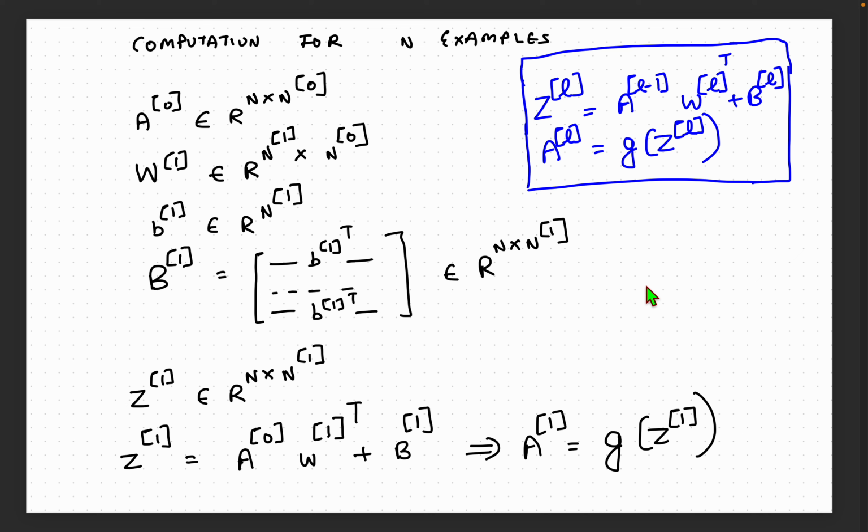So in a nutshell, a forward pass of a single layer of a neural network can be summarized in these two equations, where you get the summation term by doing the linear regression kind of operation, and then you apply an activation on top of that. Okay, is it clear thus far? Any doubts?